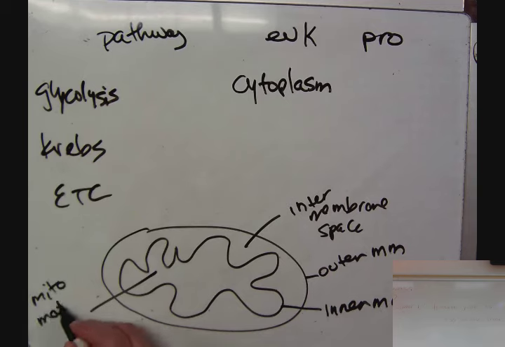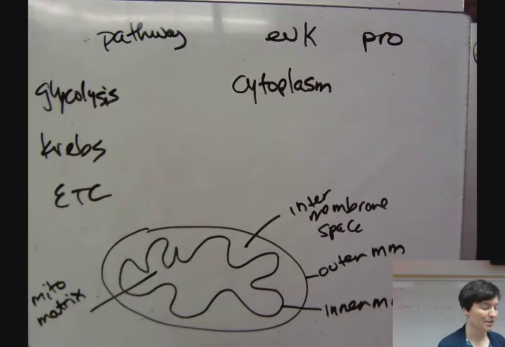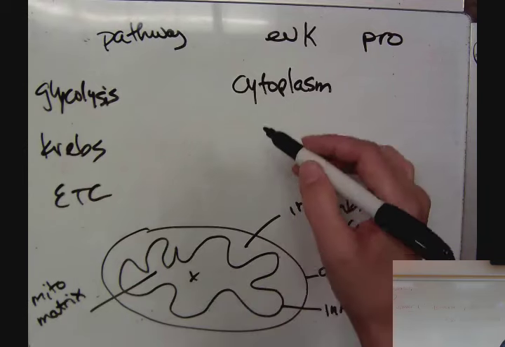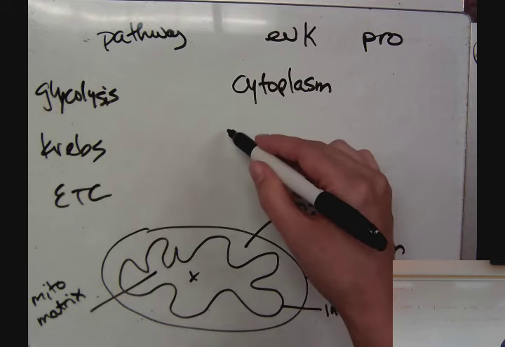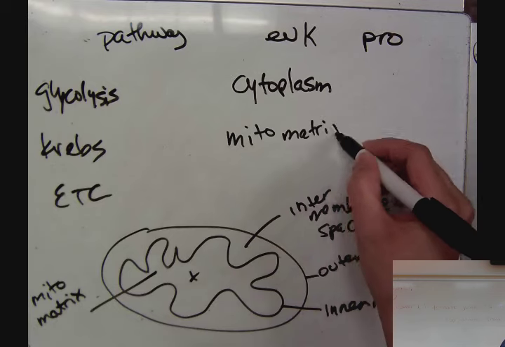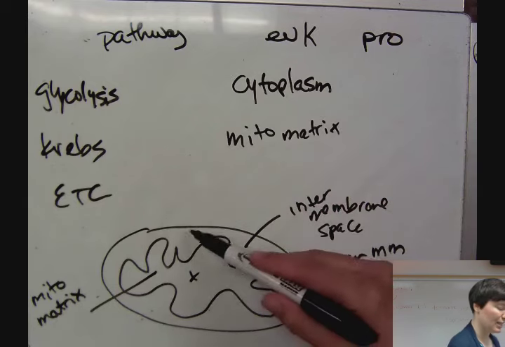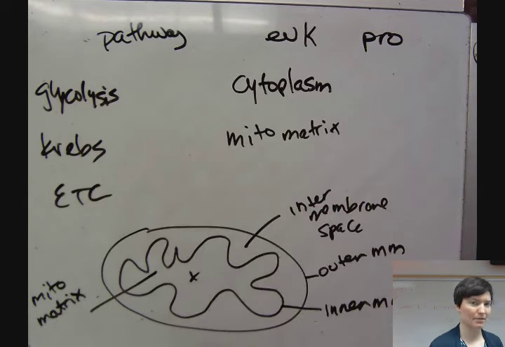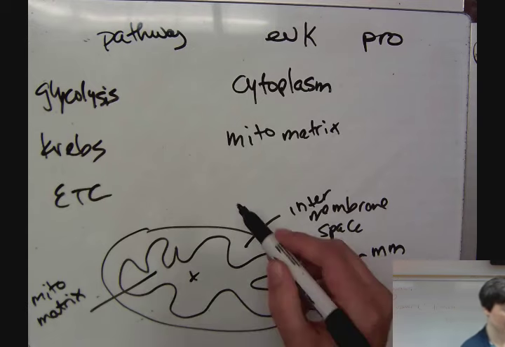This is called the matrix, the mitochondrial matrix. It's a fluid much like cytoplasm, okay? And this is where the Krebs cycle takes place. And the electron transport chain is in one of these membranes. Which one do you think it is? Inner or outer? Inner, okay?